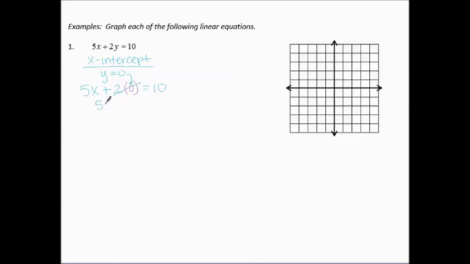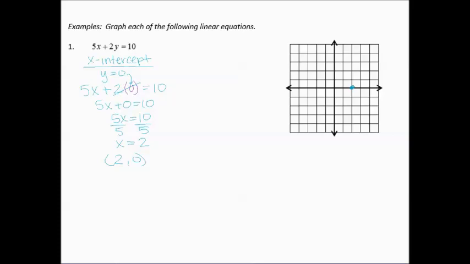That's the same as 5x plus 0 is equal to 10. And 5x plus 0, my identity property, is 5x is equal to 10. I want to divide both sides by 5 to solve for x, and x is equal to 10 divided by 5, which is 2. This means that the x-intercept is the point (2, 0). So I'm going to come over to my graph and plot the point (2, 0).